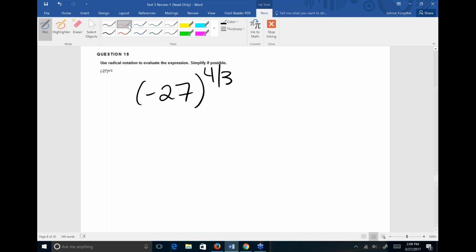The way that I remember this, the 3 is your root number, and the 4 is your power. And then the negative 27 is the radicand that goes underneath the radical sign.